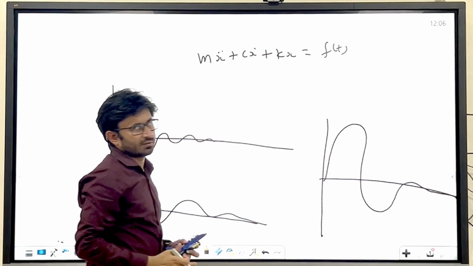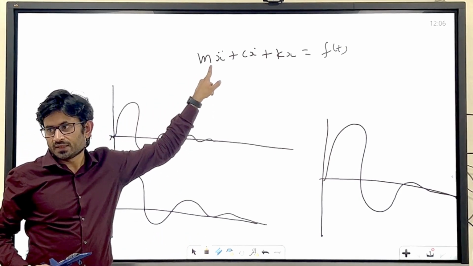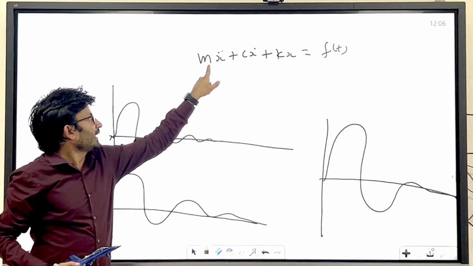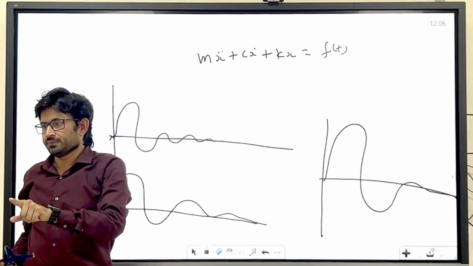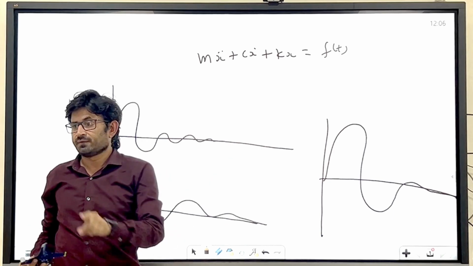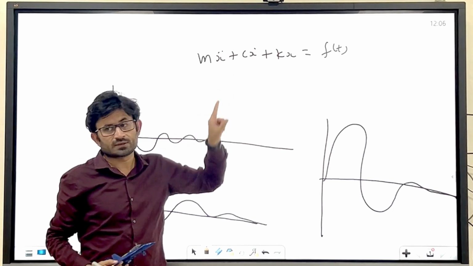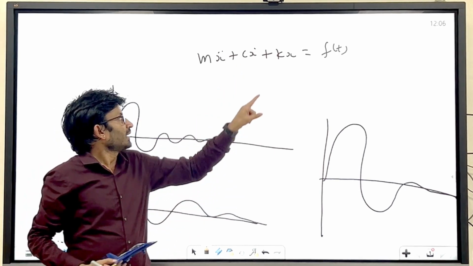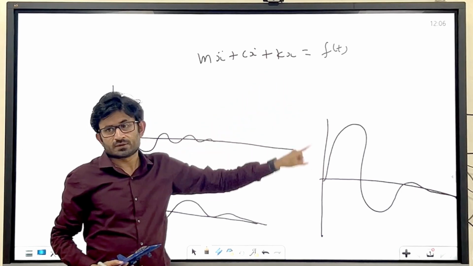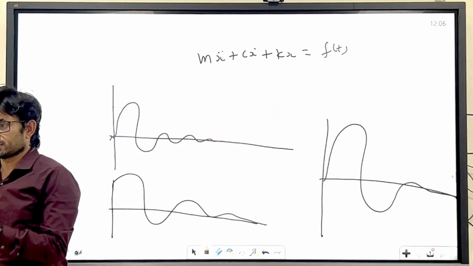Here m is the mass, x is the position, x dot is the velocity, x double dot is the acceleration, c is the damping, and k is the spring constant.